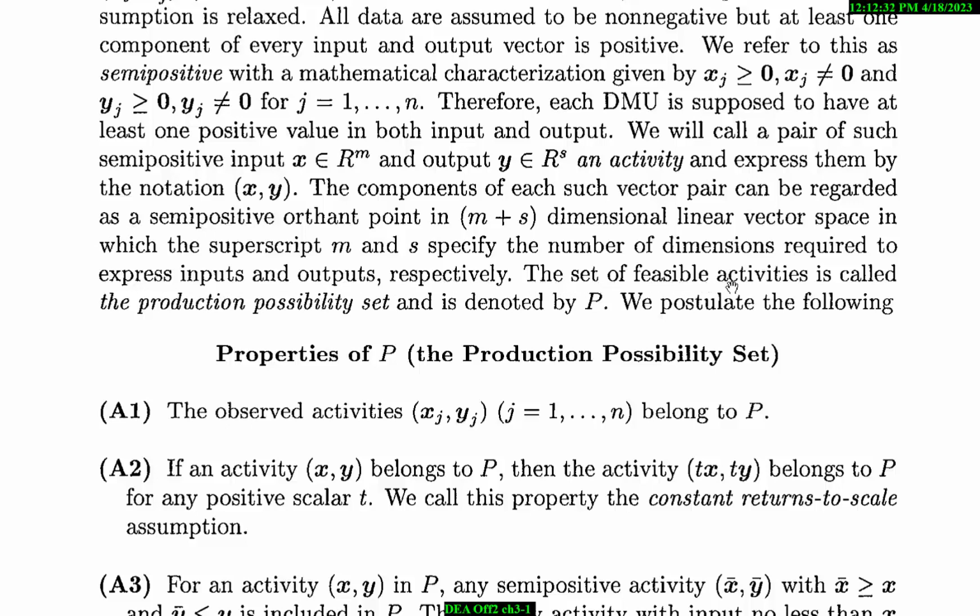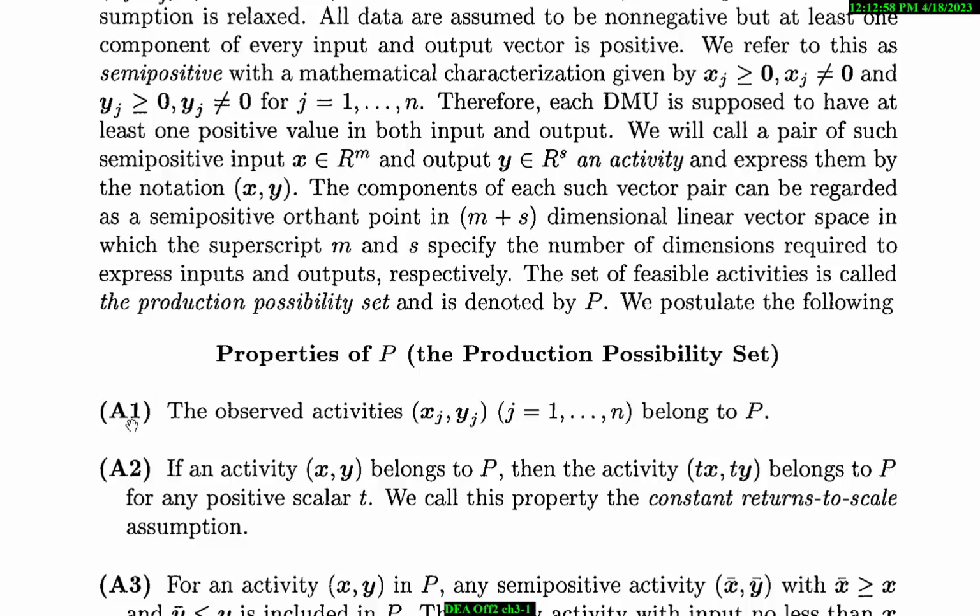The set of feasible activities is called the production possibility set and is denoted here by P. For P, we postulate the following properties.